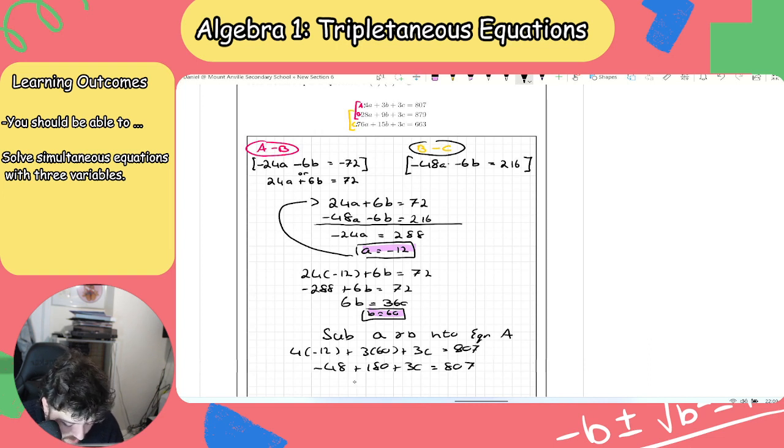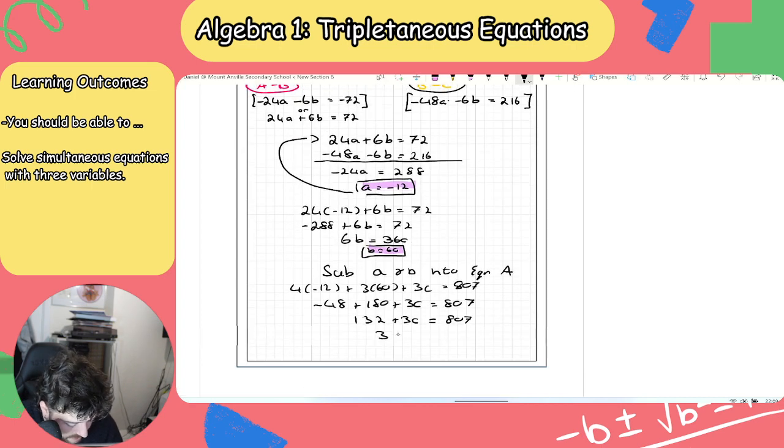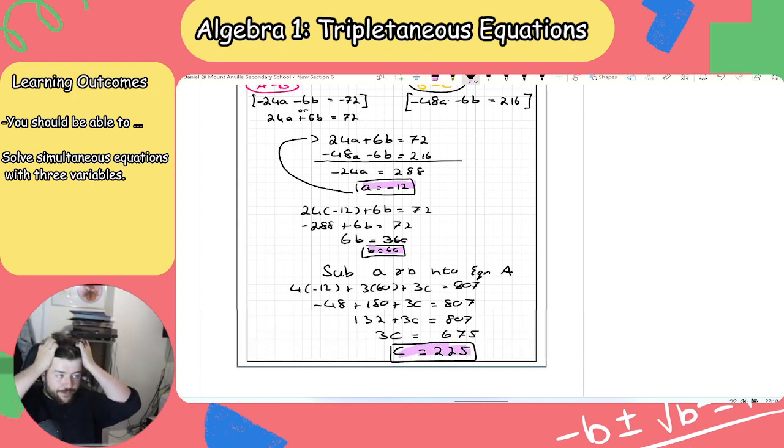So I have 132 plus 3C equals 807. I'm going to have 3C is equal to minus 675. Did I say minus 675? Sorry, my apologies, plus 675. And then C is going to be equal to 225 when I divide both sides by 3. And that is my answer there.